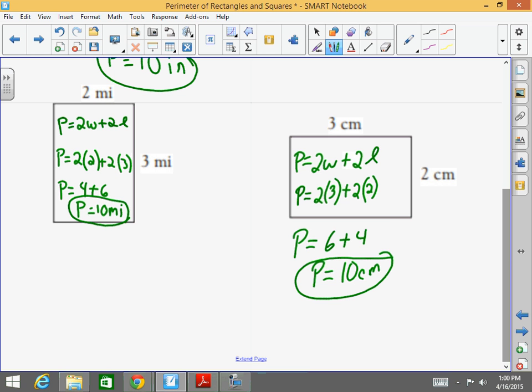I'm showing you perimeter of rectangles and of squares. If you have a three-dimensional figure, you don't have a perimeter there.